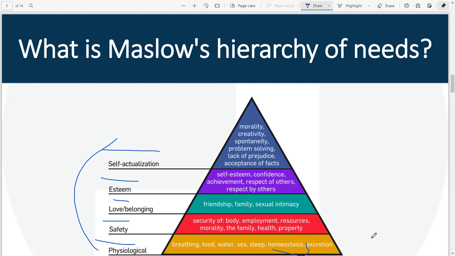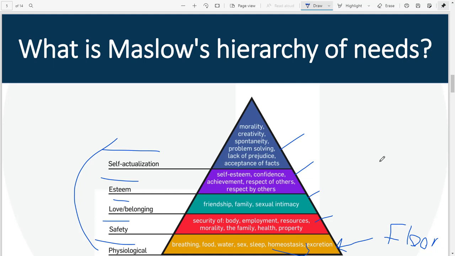We call each one of these stages a floor. My handwriting is awful, I know it. Okay, a floor, second floor, third floor, fourth, and fifth floor. So these are all floors.